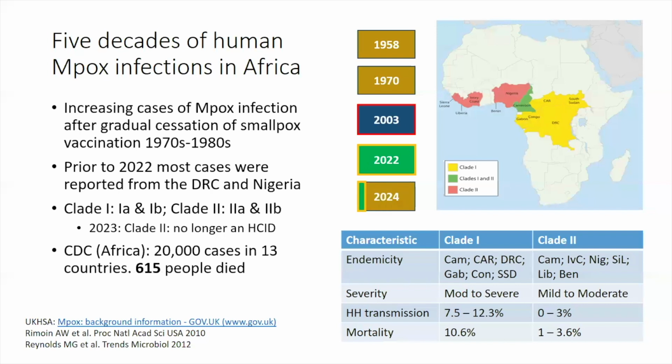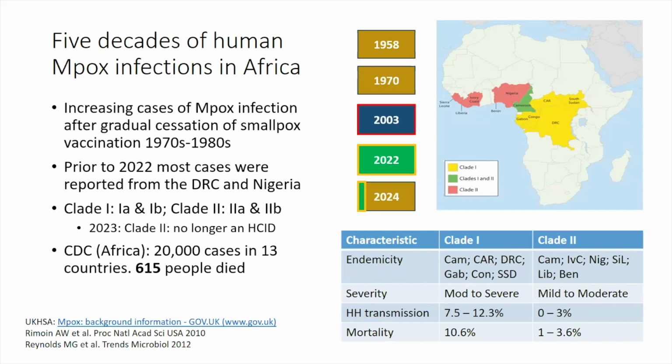However, this summer, there were more cases of mpox in countries that did not have clade 1 before. Historically, there are 5 countries where there's clade 1: Cameroon, Congo, Gabon, DRC, and Central African Republic.